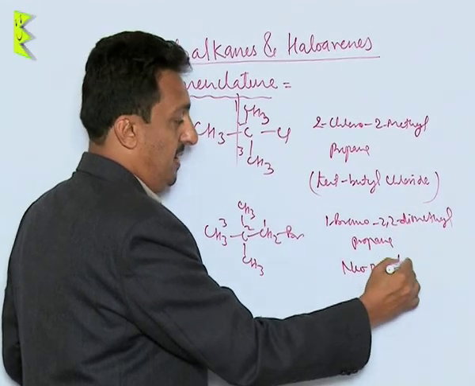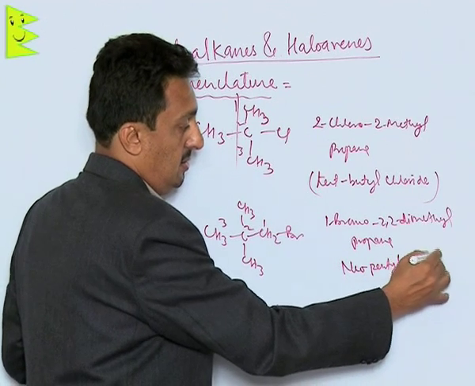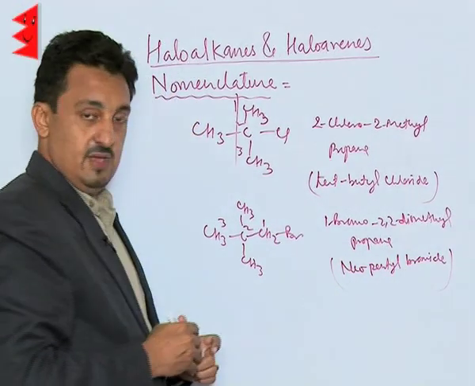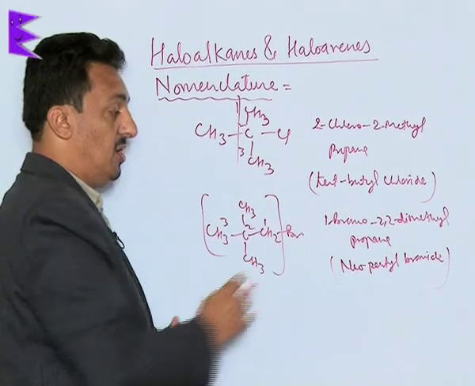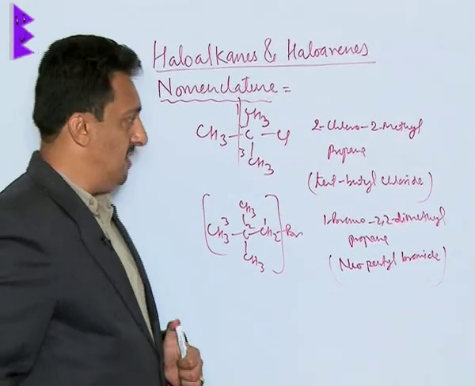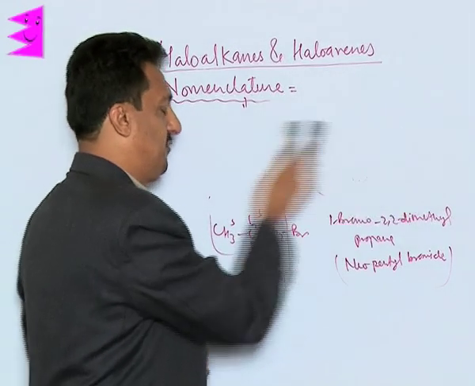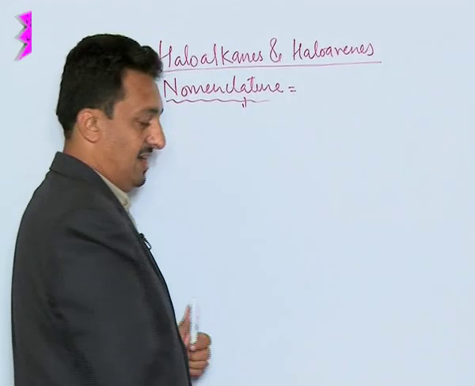It's called neopentyl bromide in common nomenclature, because this whole structure of the carbon chain is called neo. So this is how we can have a lot of other different examples or types of alkyl halides.